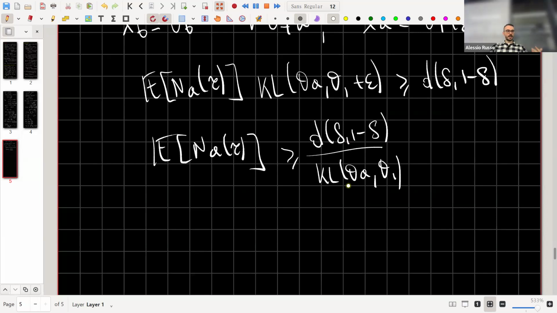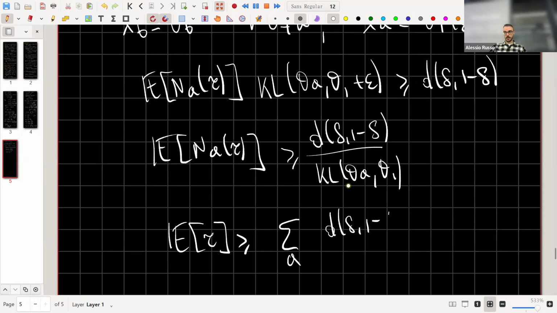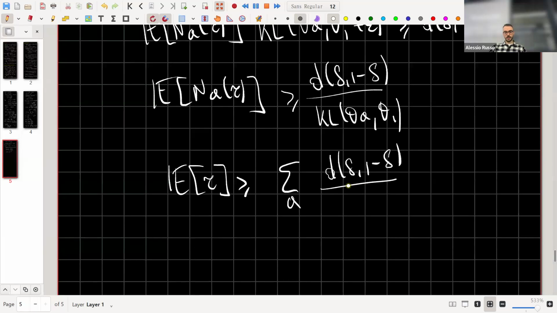Now you just apply the same concept to all arms A. So for each arm A, you derive a new confusing model, a new alternative model. And so when you take the sum over actions, this becomes the expected sample complexity, upper bounded by sum over A of the Bernoulli-Kerr divergence divided by KL theta A theta 1.